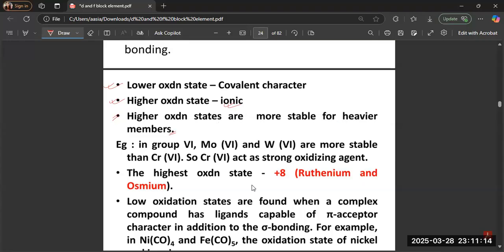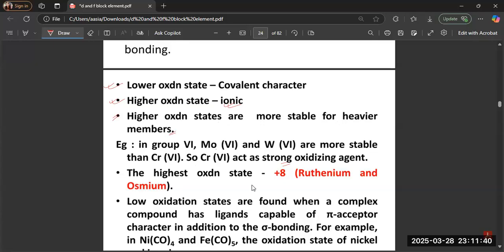For example, in group 6, molybdenum and tungsten are more stable than chromium. So chromium +6 acts as a strong oxidizing agent.